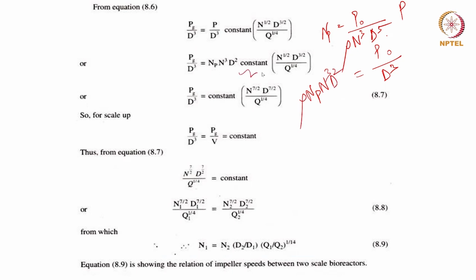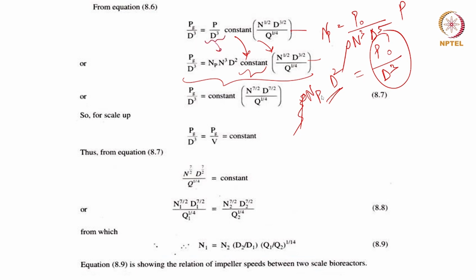So rho will get into the constant because it is a constant, and then this equation can be rewritten in the second line form where we have replaced P naught by D cube as NP, which is your power number, D square, and the rest of the factor is the same.